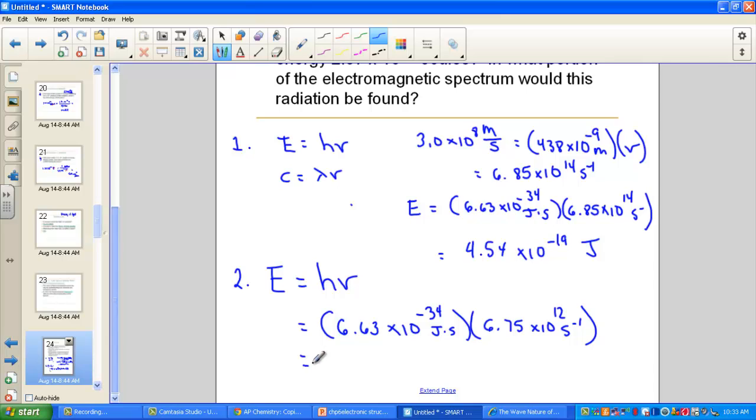How many joules of energy do we have? Hit it with me. 6.63 e negative 34 is our Planck's constant value, times 6.75 e to the 12th power, and I find an answer. I hope it matches. 4.475. Let's do 4.48 times 10 to the negative 21 joules of energy.